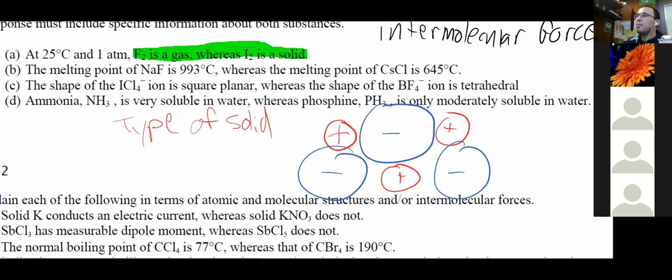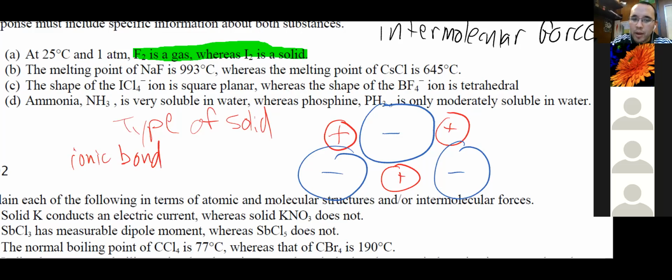So they're not really a molecule. These are non-molecular, a collection of them that just happen to have this 1-to-1 ratio, so 1 sodium and 1 fluorine. What's holding these together is the ionic bond.